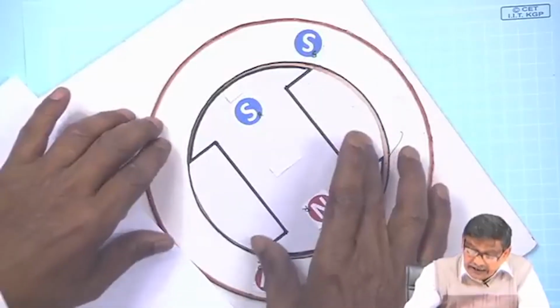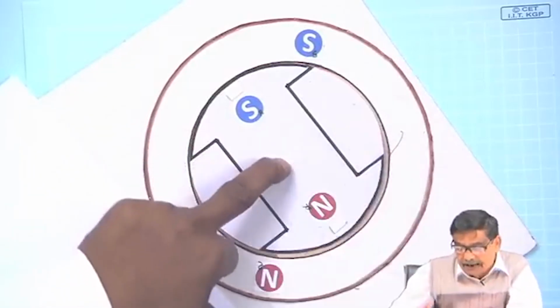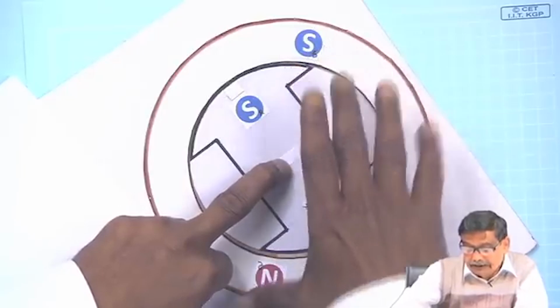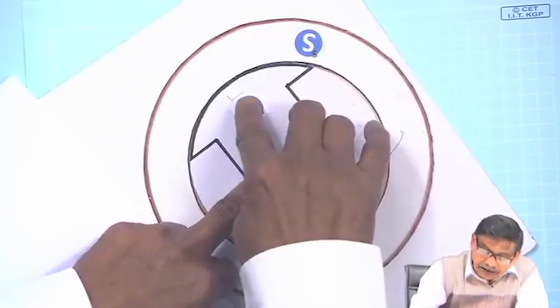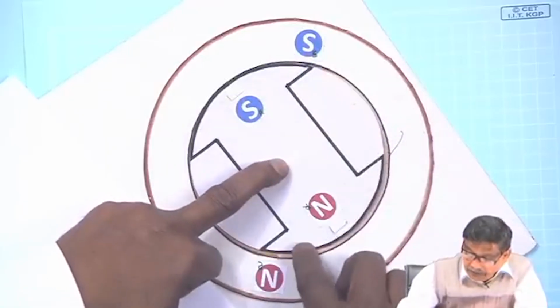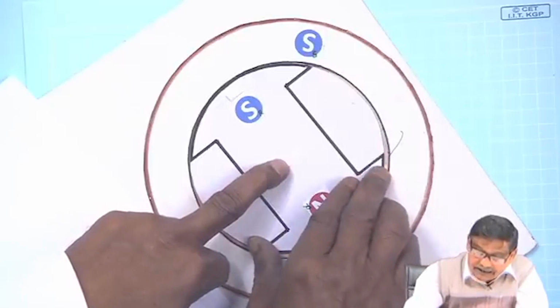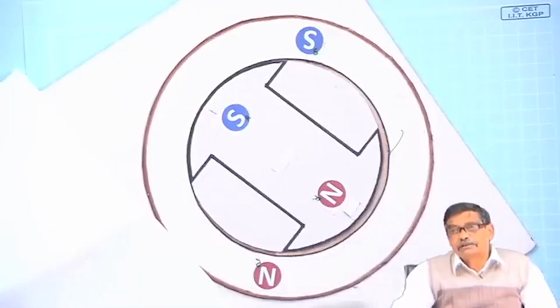And if it is in this position, as you can see, suppose I am holding the rotor by hand, with the pattern of the poles like this, then this fellow will definitely experience a repelling force here, this fellow also a repelling force, and it will experience a torque in this direction, it will try to move. We will continue this in the next class.